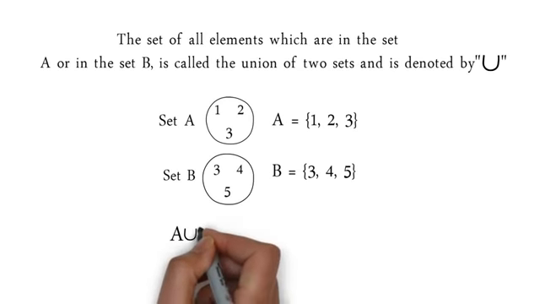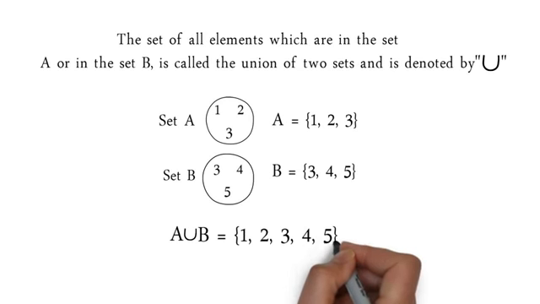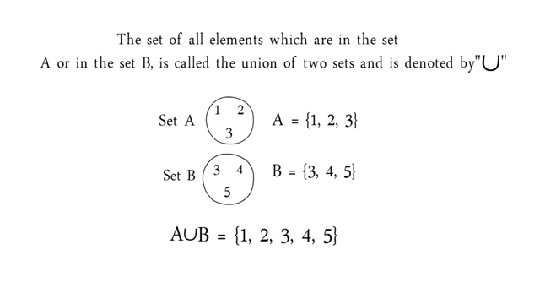Thus, A union B is equal to 1, 2, 3, 4 and 5, all elements of sets A and B.